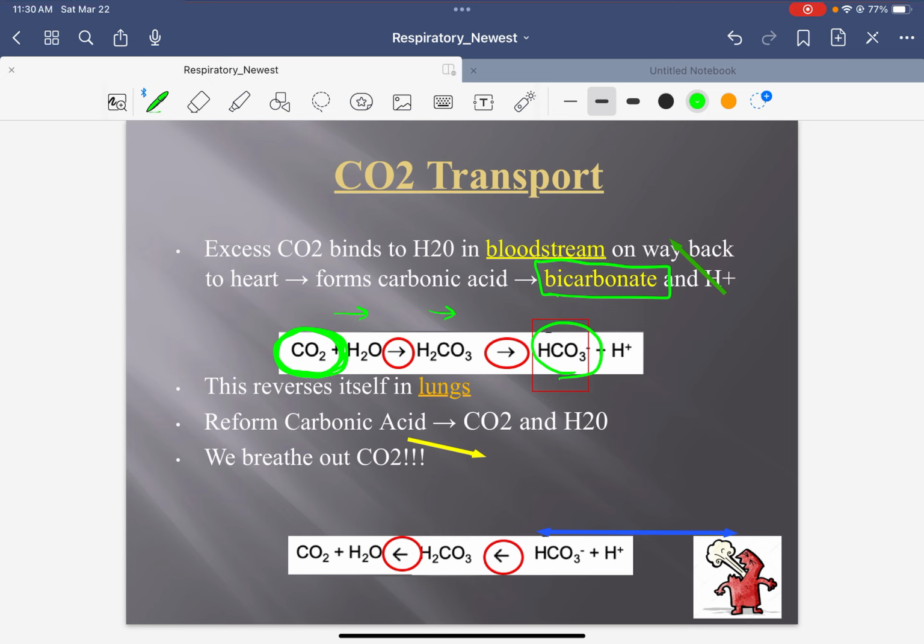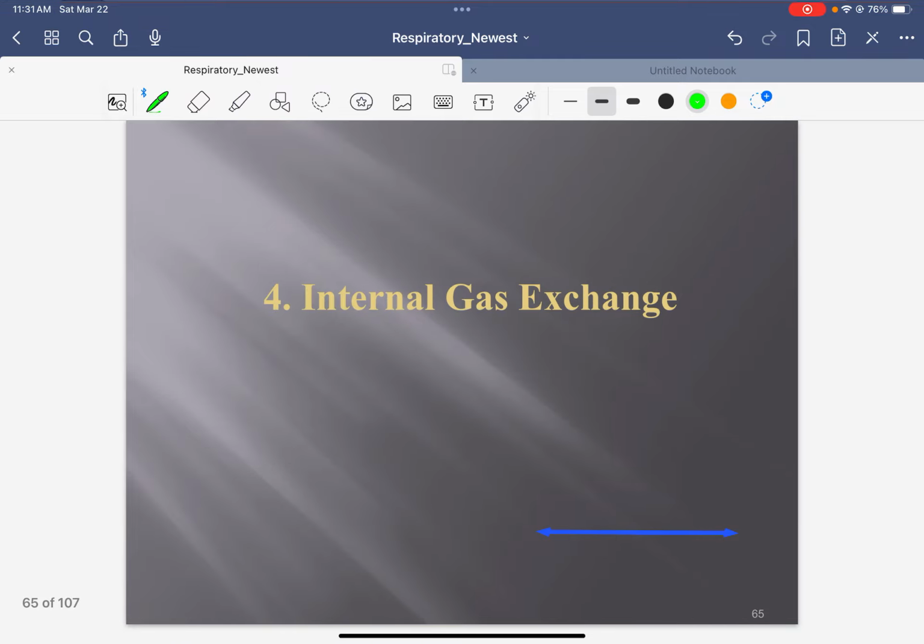But then, once we get to the lungs, we have to reverse it. We take that bicarbonate and break it back down to reform free CO2, only in the lungs, so we can breathe it out. I'm not going to ask you to write this equation down, but the principle is very important.